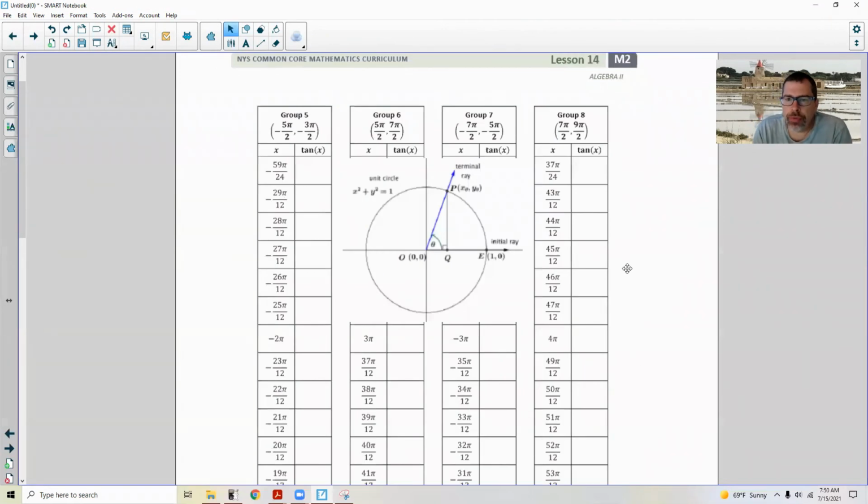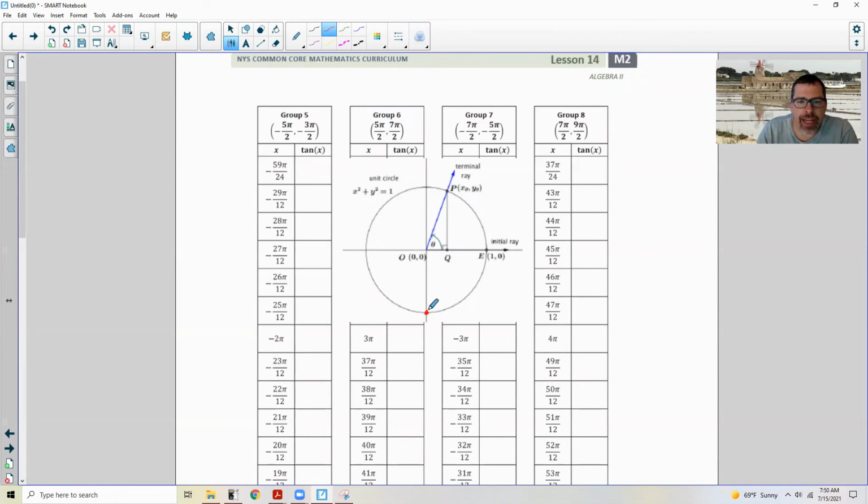Okay, page 2 brings us to 4 more groups. Now, I brought the unit circle back in just to explain something here. Negative 5 pi over 2. If I start here, negative means to go in the clockwise direction. So here's negative pi over 2, negative pi, negative 3 pi over 2, negative 4 pi over 2, negative 5 pi over 2 is right here.